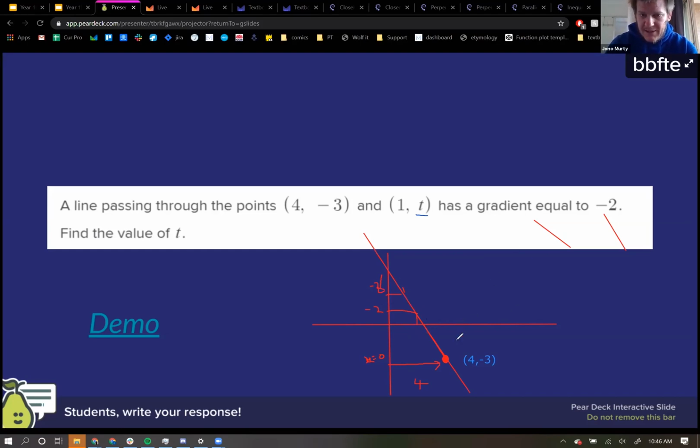So each time it goes down minus 2. So if we work backwards, it's going to go up 4 times 2. So this here is going to be 8. And if this is minus 3, I add 8 to that, I will get t is equal to 11. Oh, 1, t, not 0, t. Sorry, that's wrong.